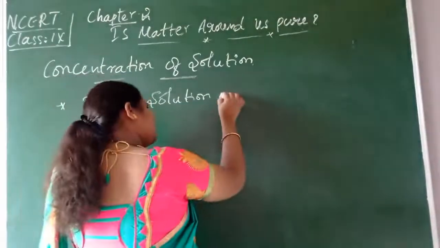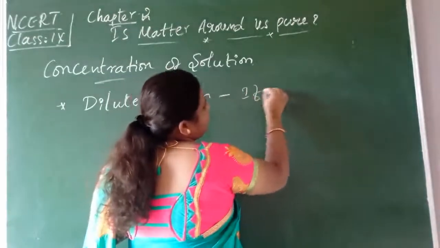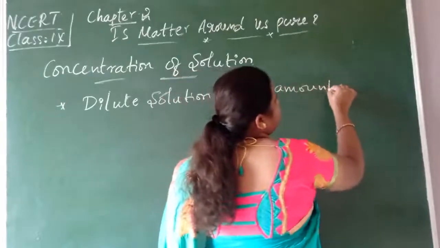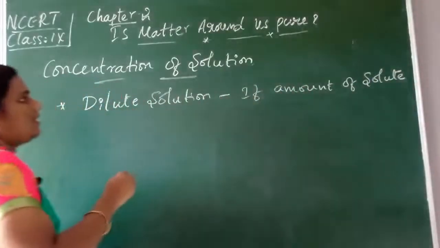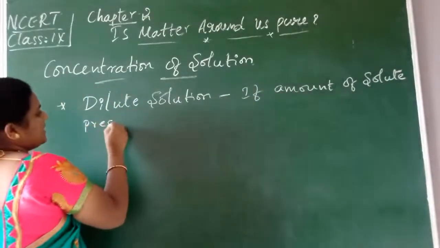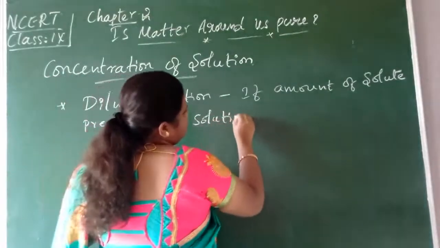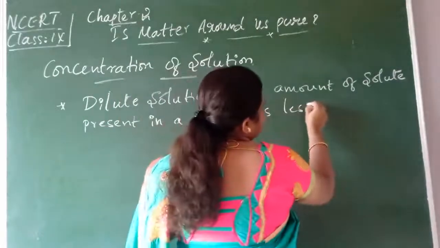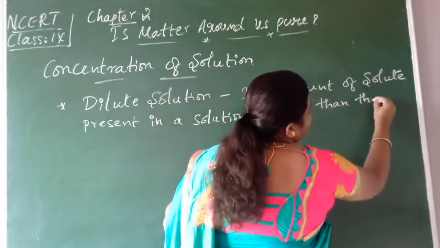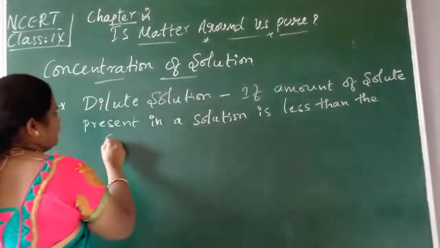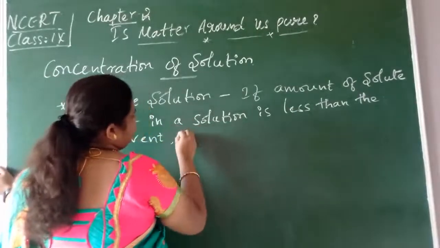For example, I'll write the first definition now, children. If the amount of solute present in a solution is less than the solvent, then it is called what?